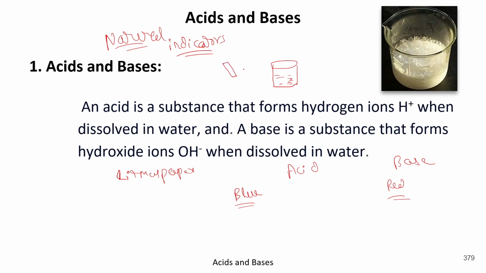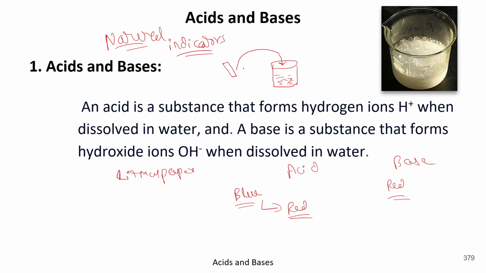If you dip your litmus paper into this solution, what will happen in the case of acid? As I have told you, in the case of acid we generally take blue litmus paper. So if this blue litmus paper turns red, then it is the condition of an acid.